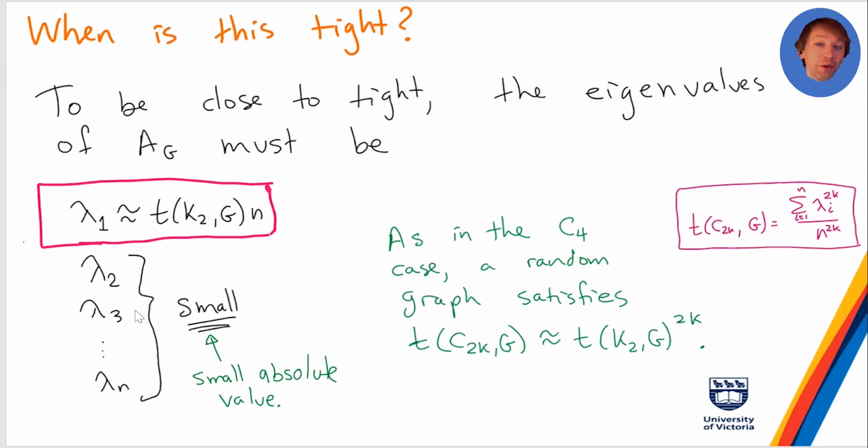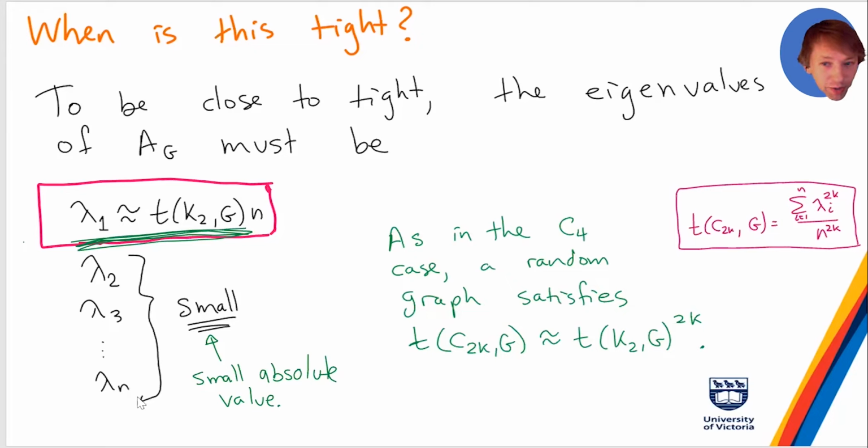But by the way, you know that some of them have to be negative because remember this thing from the Petersen graph example. If I take the trace of the adjacency matrix, it's 0 because the diagonal is 0. And the trace is equal to the sum of the eigenvalues. So if this one's positive, then you know for sure that some of these are negative because they have to cancel out to be 0. Just a comment. But basically, the way it'll work in a tight example is that you've got this one big eigenvalue, which is roughly equal to this.